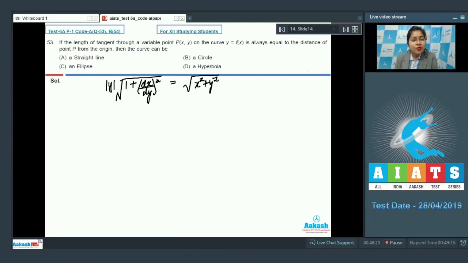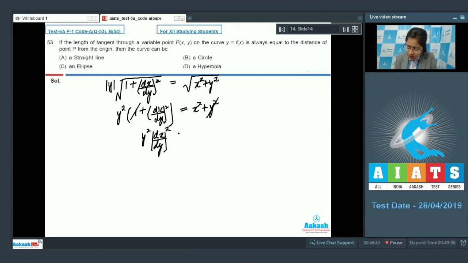So taking square on both sides, we will get y square into (1 + (dx/dy)^2) is equal to x square plus y square. Now y square will get cancelled, so we get y square into (dx/dy)^2 equal to x square. That is, dx upon x is equal to dy upon y with plus minus sign.